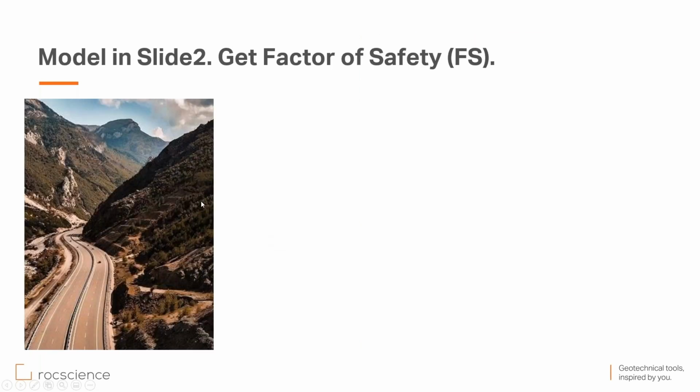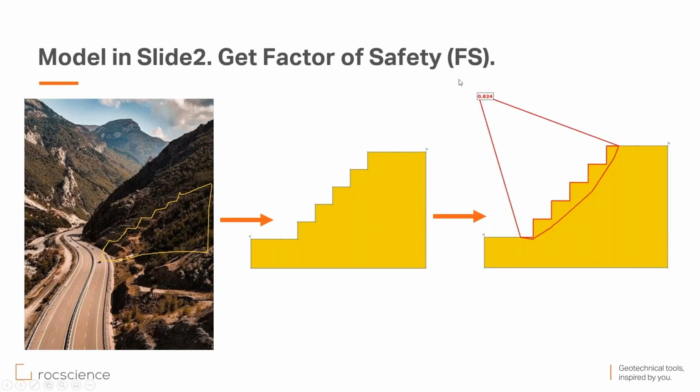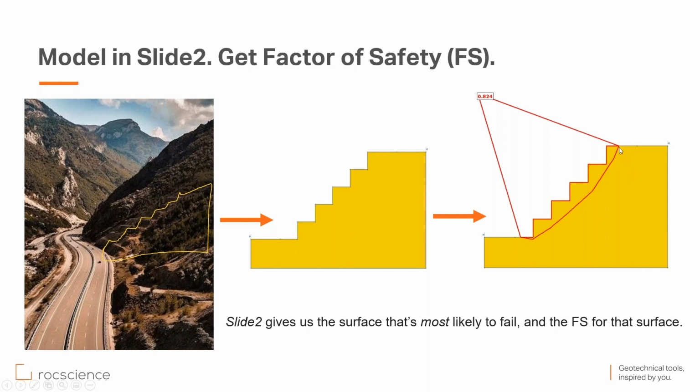So in this case, for example, you would get the geometry of the slope and the material properties, plug it into slide 2 here, for example, hit compute, and slide 2 gives you this result. So it's saying that this specific surface is the one that's most likely to fail, and this is its factor of safety.